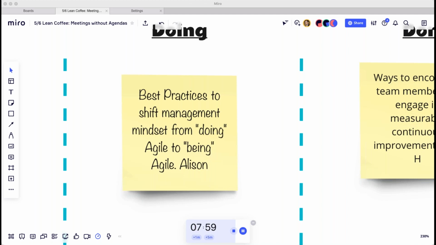Their role has to change, and depending on the organization, it's hard, right? If the organization from the top down isn't wanting to transform, it makes it tough for a team that's trying to be agile.